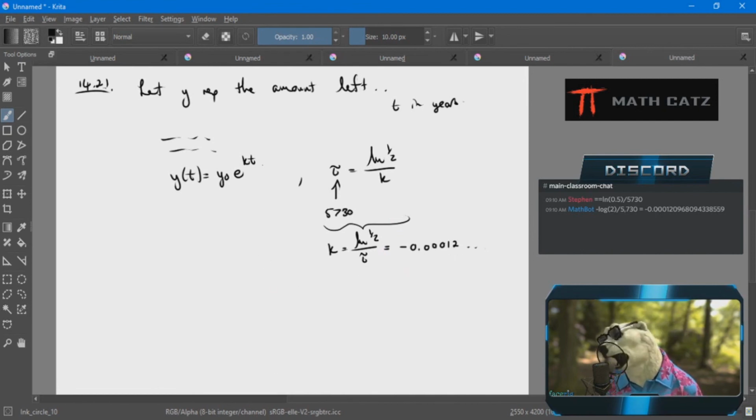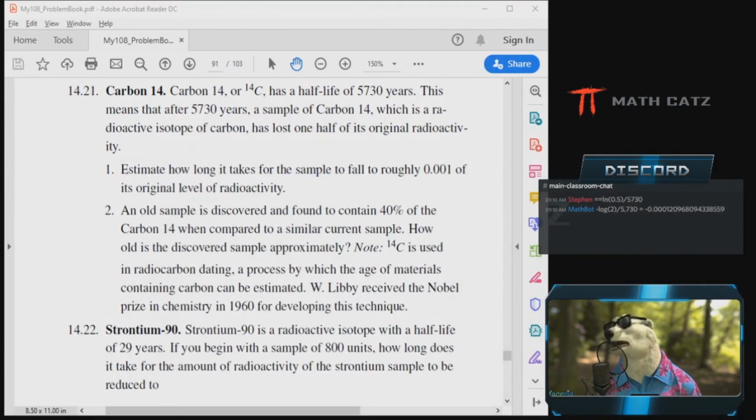So now if I have the k, I can better answer their first question because I now have things I need in my function. So by them giving me half-life, they are essentially giving me k. This is just a nicer looking number than the actual decay constant.